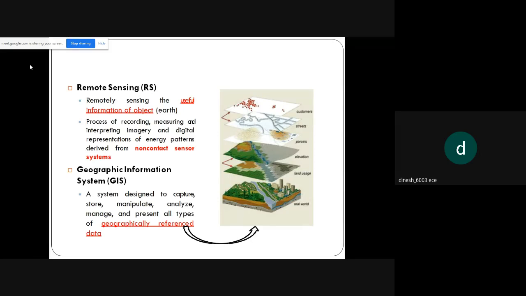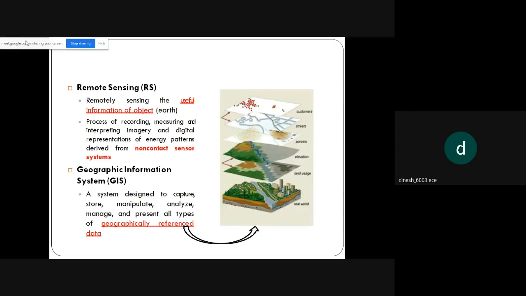The process of recording, measuring and interpreting images and digital representations of energy patterns derived from non-contact sensor systems is what we call the main function of remote sensing. And GIS is a system used to design, capture, store, manipulate, analyze, manage and present all types of geographically referenced data.